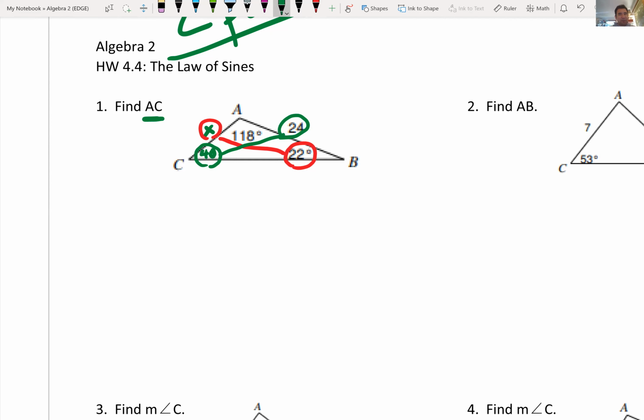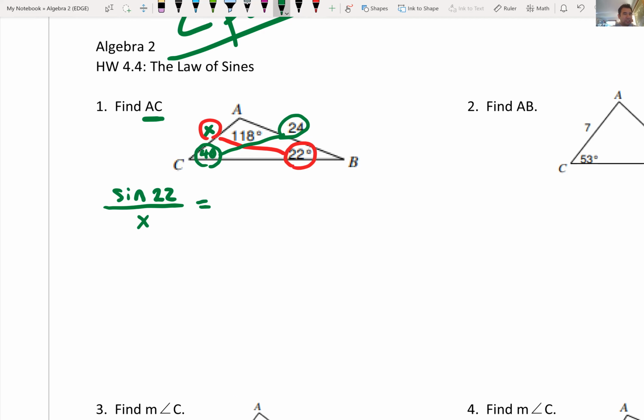So what's the setup? Sine of 22 degrees is to x, right? That's the matching pair.